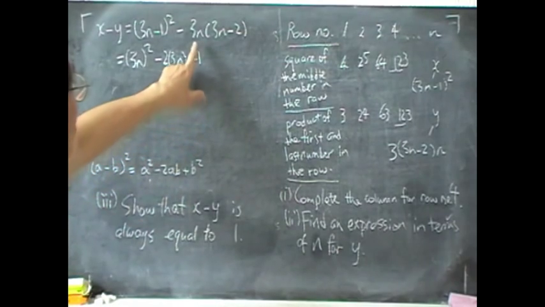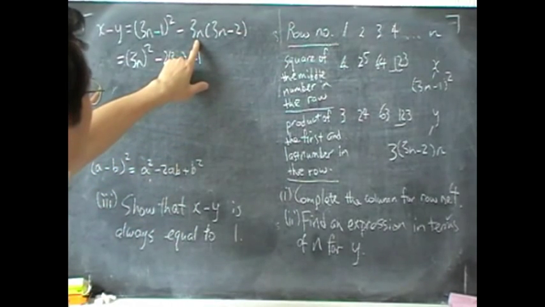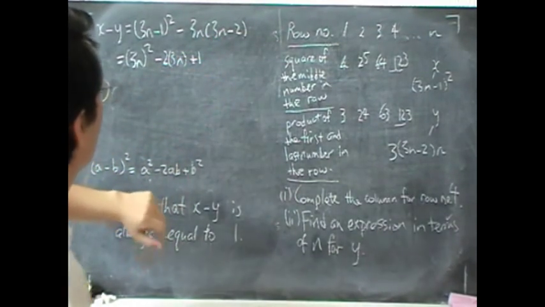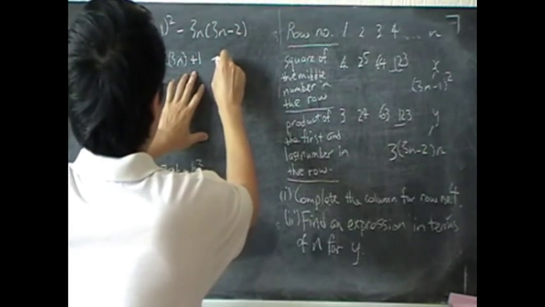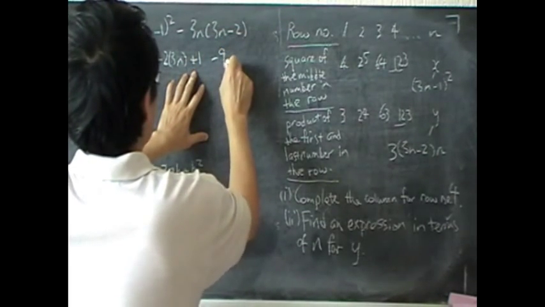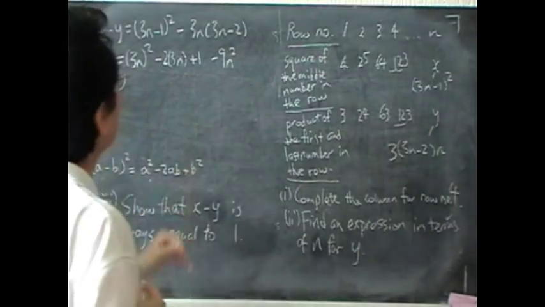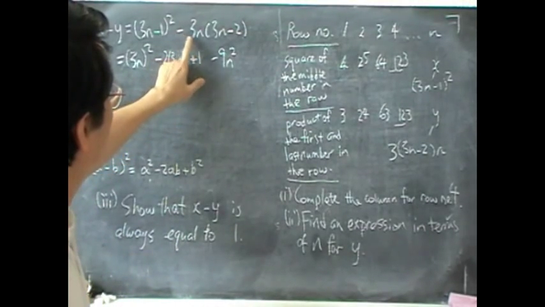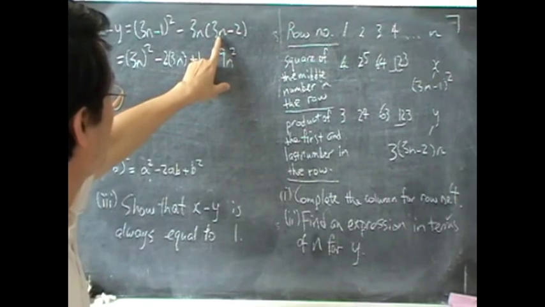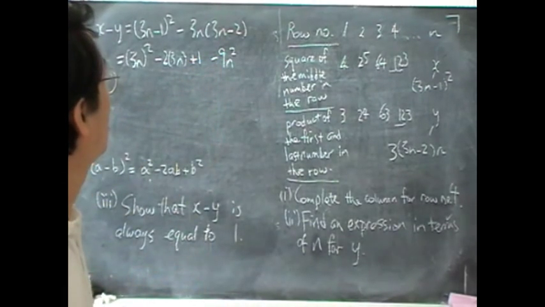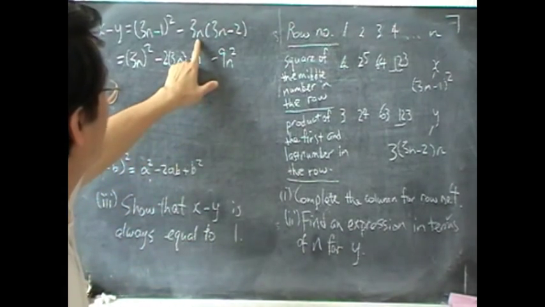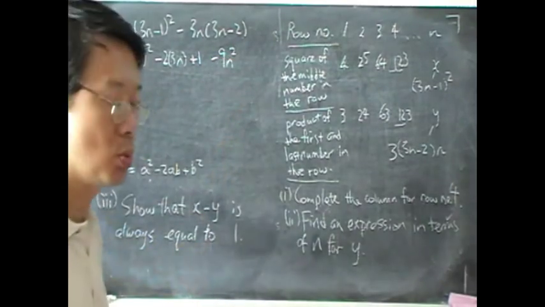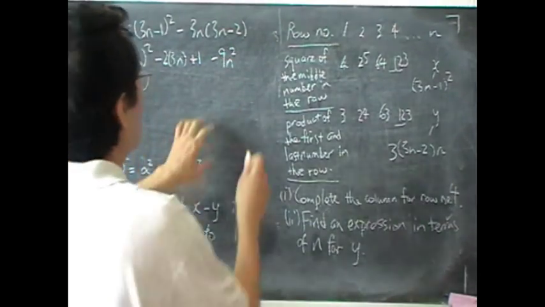So let me do 3n times 3n. 3n times 3n is 9n squared. The minus sign now changes the sign of the 3n to a minus. And then I have 3n times 2, which is 6n.